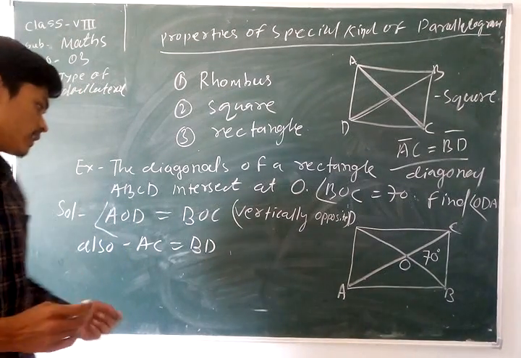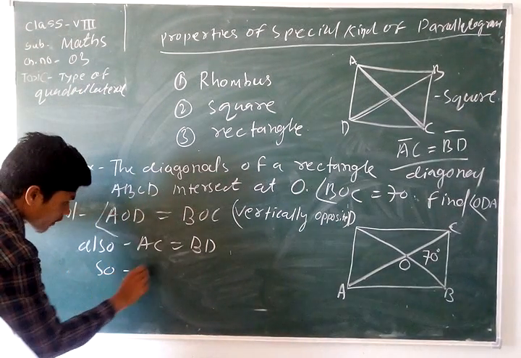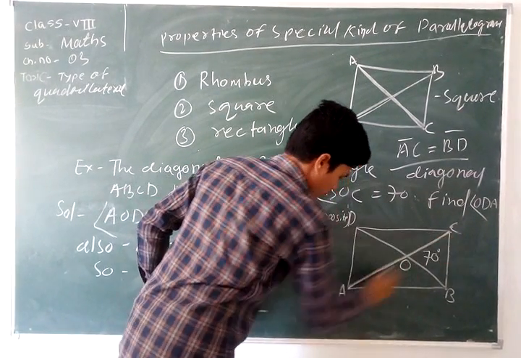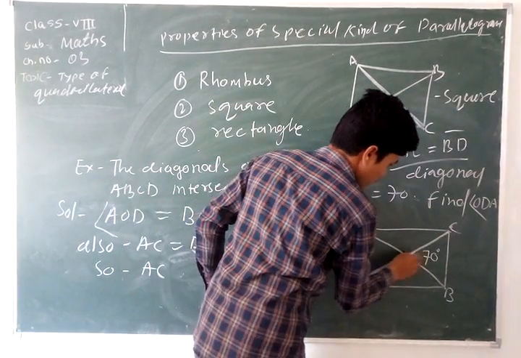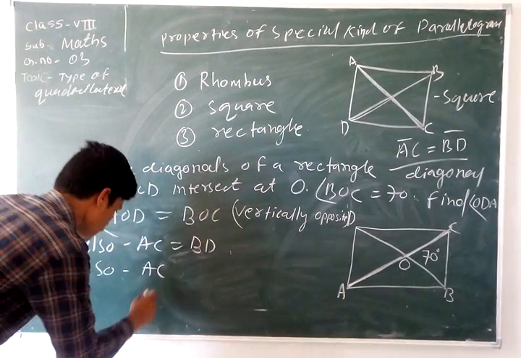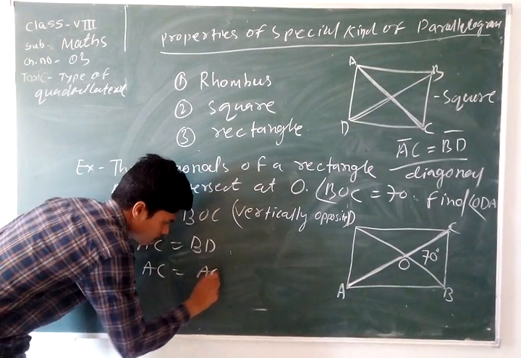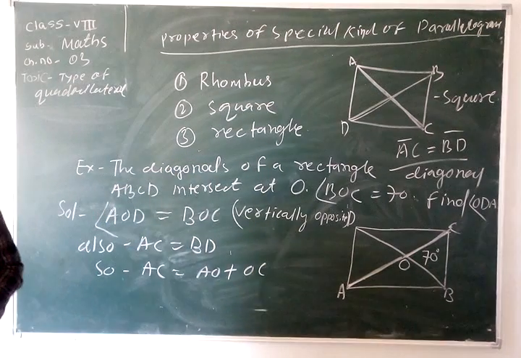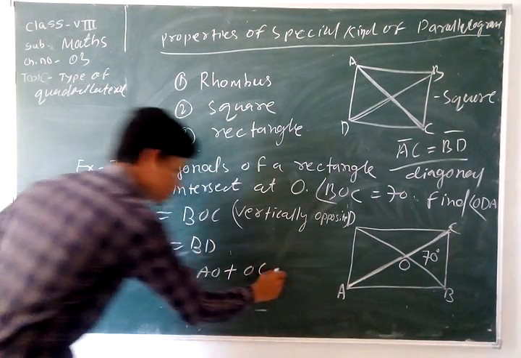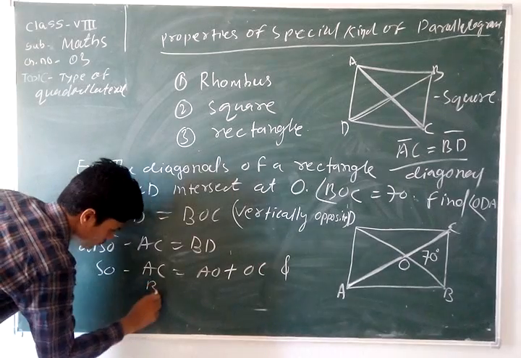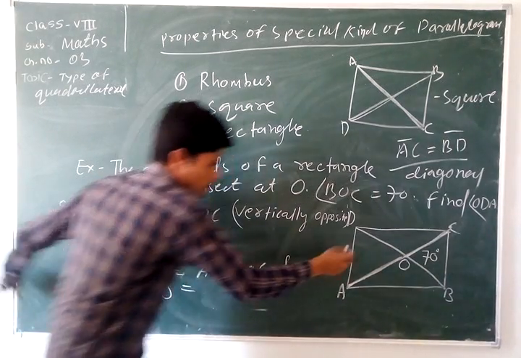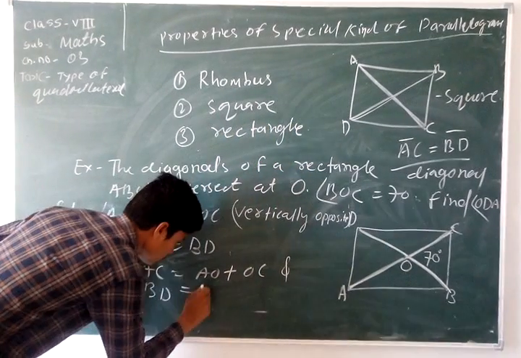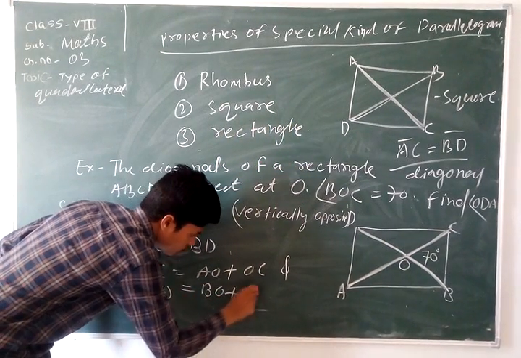Okay. So AC equal to AO plus OC. Also BD equal to BO plus OD.